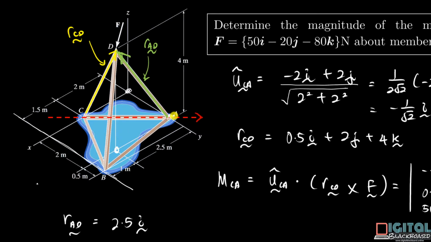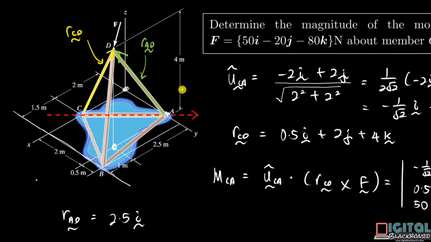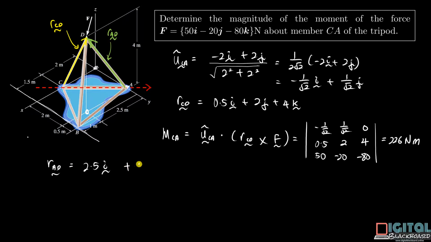In the j direction or y direction, it doesn't move at all because both this point and this point lie on the same line perpendicular to the y-axis. In the z direction, it moves up by 4 units, so plus 4k. So in fact, this vector RAD is even simpler than the original vector RCD. So now let's compute the moment.